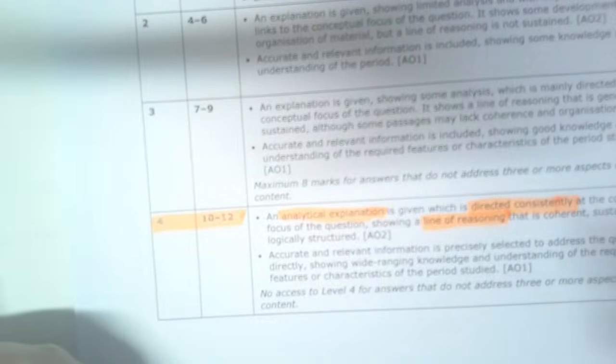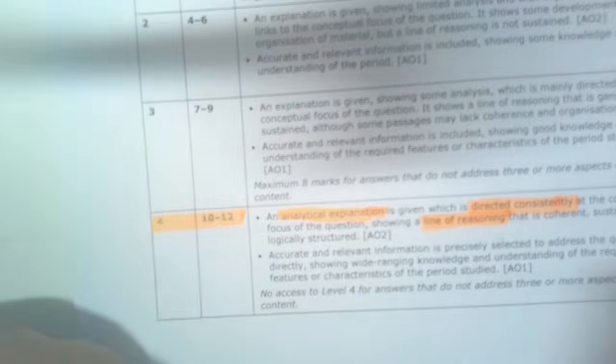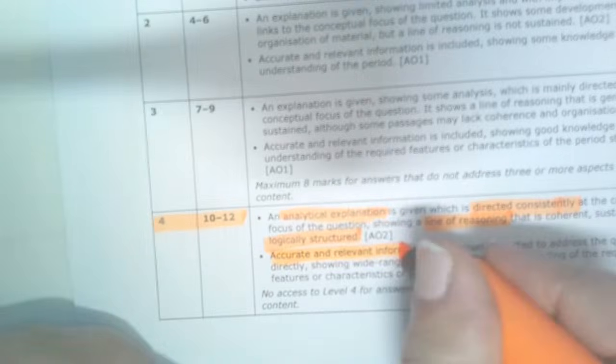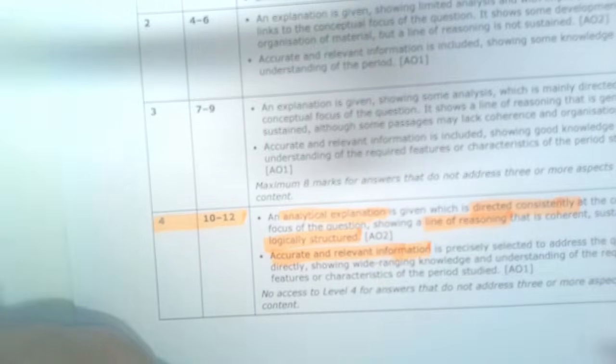So we're not jumping around, we're not talking about one thing and then wandering off, and it's logically structured. We also need to make sure that we have accurate and relevant information. So in other words, all of the information you've included is correct.